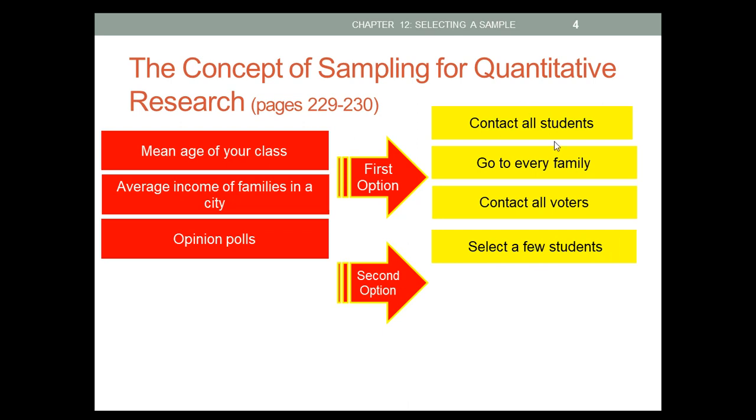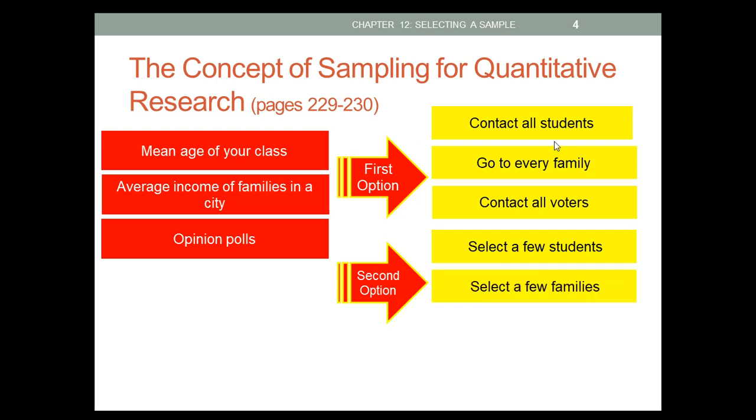Rather than collecting data from all classmates, you can select, for example, a few of them and ask them about their age, and you can calculate the average age of your sample, and then you generalize from your sample to the population, the whole class, or you can estimate the average age of your class based on a few classmates that you talk to.